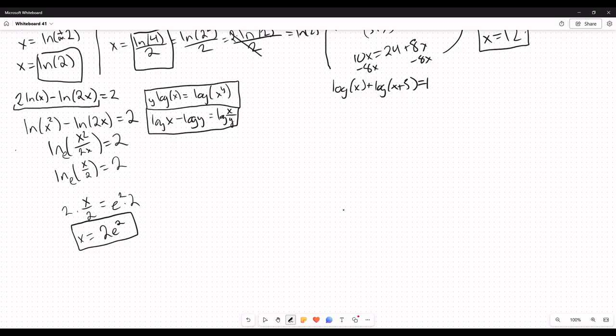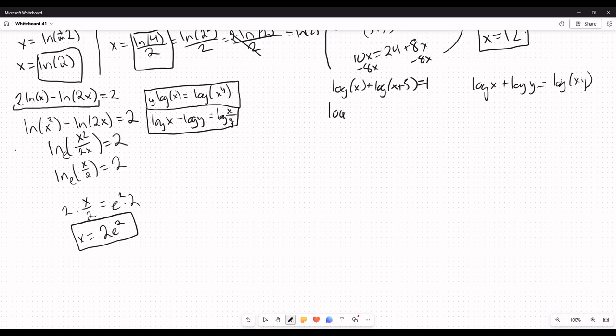last but not least, we have this log of x plus log of x plus 3 equals 1. Again, I want to get everything inside a single log. And instead of using this subtraction rule, I'm going to use the addition rule that I have, which says that log of x plus log of y equals log of x times y.